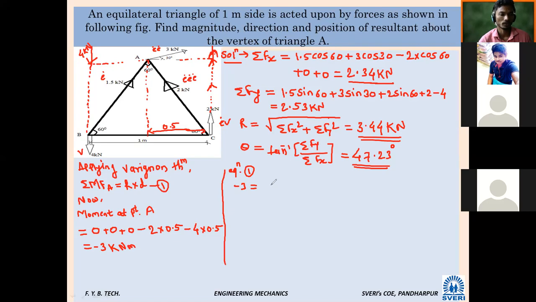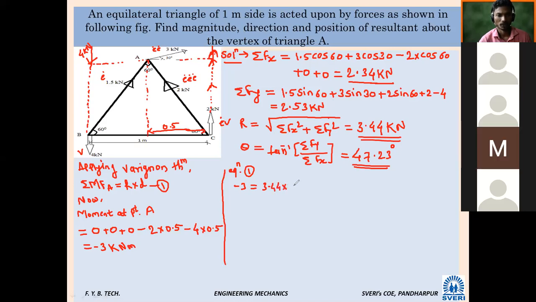Minus 3 is equal to R, where R is known, 3.44 into D. Calculate D. Minus 0.87 meter.